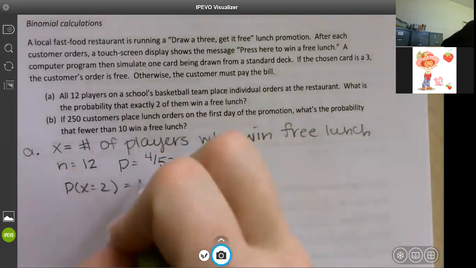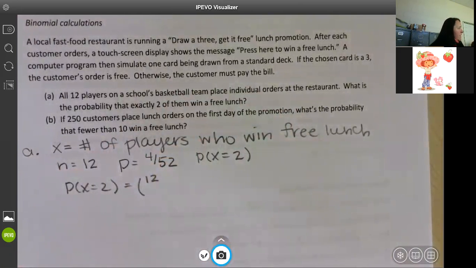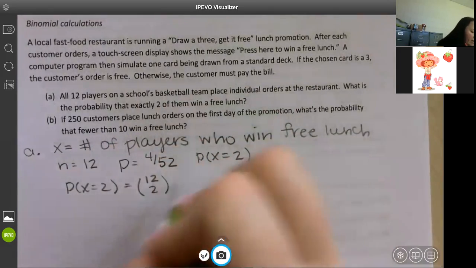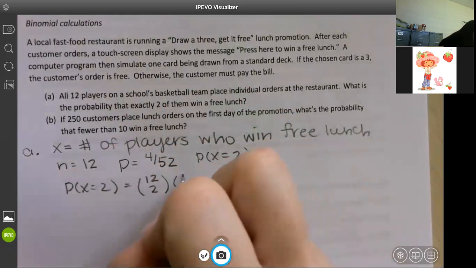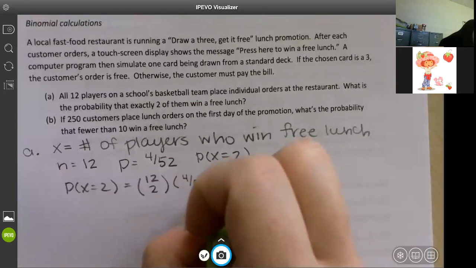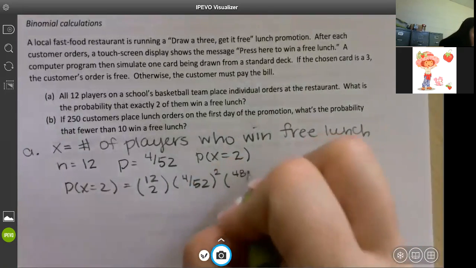So N was 12. How many are we looking for? What's our K? 2 successes. What's our probability of success? 4 out of 52. How many successes do we want? 2. What would be our probability of failure? 48 out of 52.